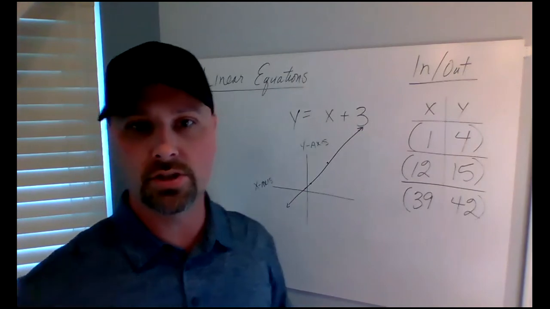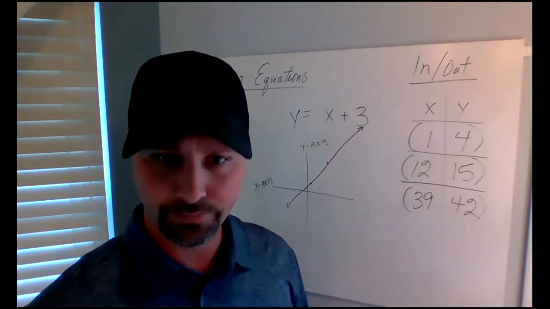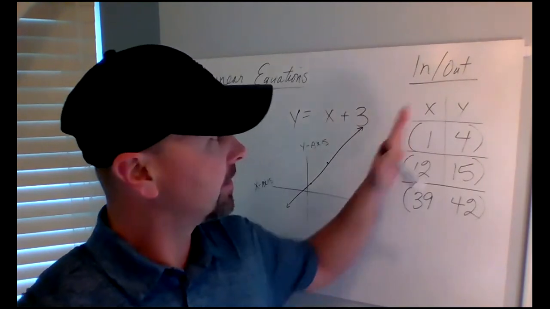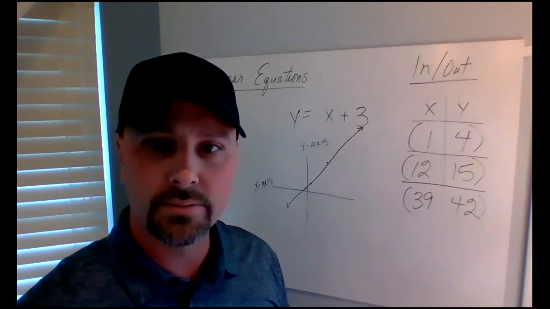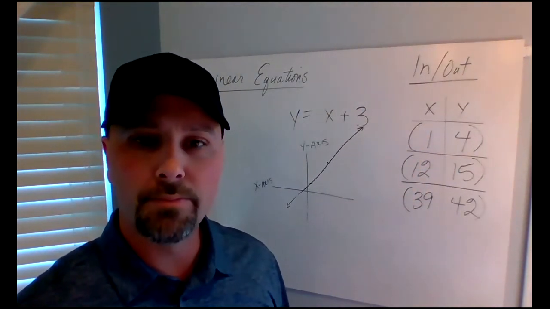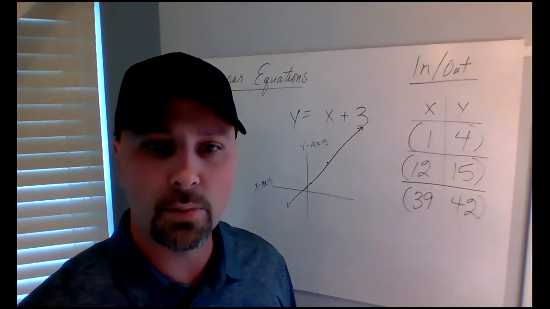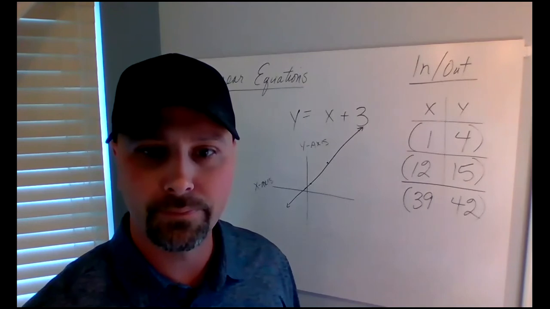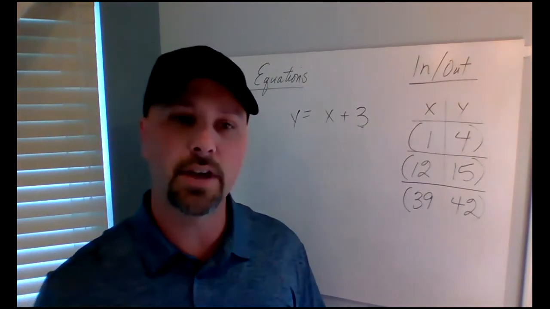So what I want you to ask yourself right now, let's go back to kind of our last video. Looking at the table, I want you to tell me what the slope is from this table, okay? So go ahead and pause it and then come up with that, okay? All right, so let's check out what the slope is in this table.